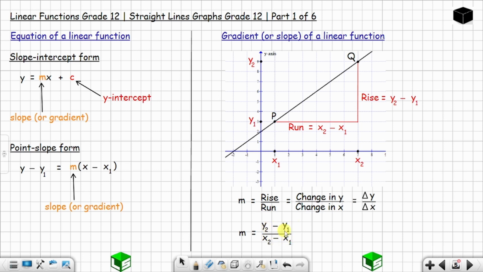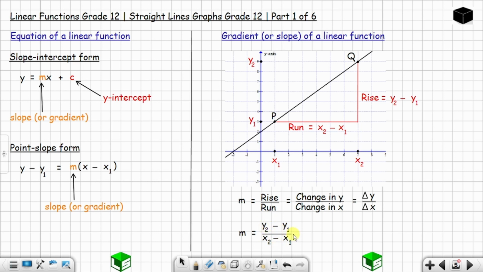Do not swap around the numbers. You have to obey this order so that you can get the correct gradient or the correct slope.